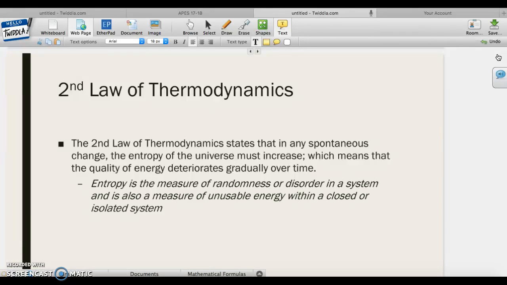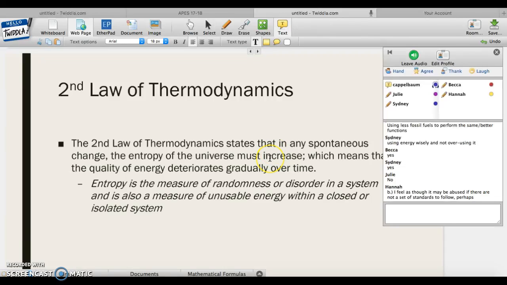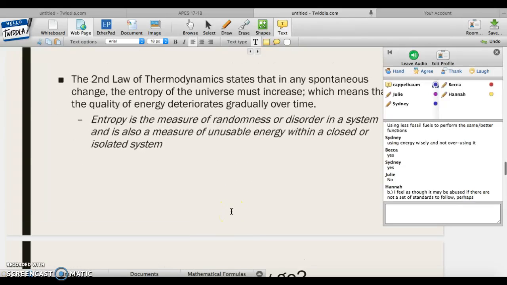So there is this loss, not in the sense of it being destroyed, but in the sense that it is no longer in a usable form. So entropy is the measure of randomness or disorder in a system, and is also a measure of unusable energy within a closed or isolated system.